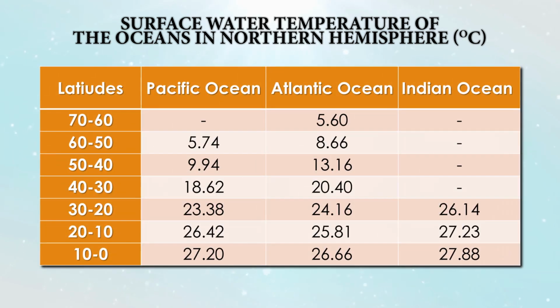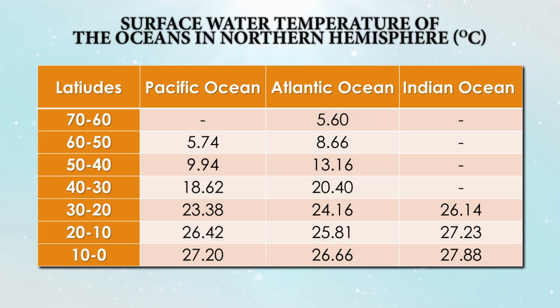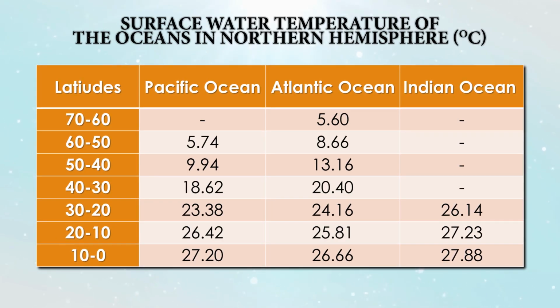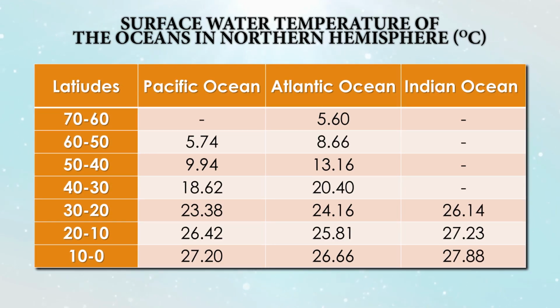Surface water temperatures of the oceans in the northern hemisphere. You can see that in the northern hemisphere different latitude ranges are shown in the left column of this table, like 0 to 10 degrees to 60 to 70 degrees latitudes, and different oceans are shown in the adjoining columns like Pacific Ocean, Atlantic Ocean, Indian Ocean.